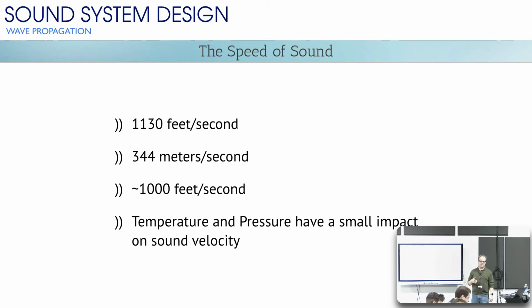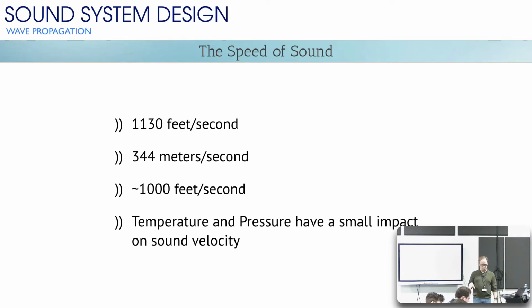Not easier just because, oh, stupid Americans don't know metric. It's demonstrably easier because 1,130 feet per second is really close to 1,000 feet per second. And in reality, I've never actually seen sound travel 1,130 feet per second. I've always seen it travel slower than that.